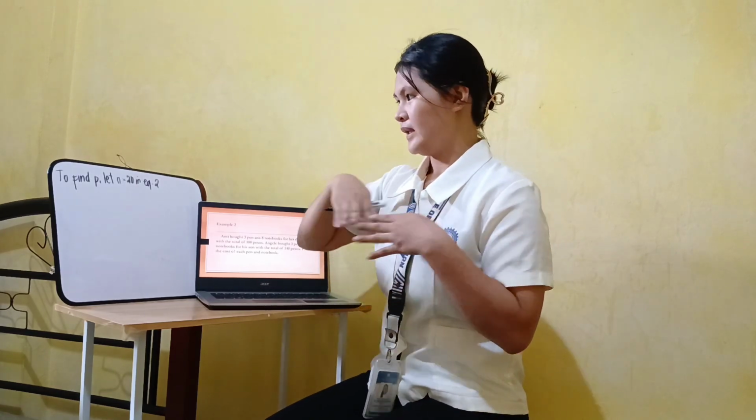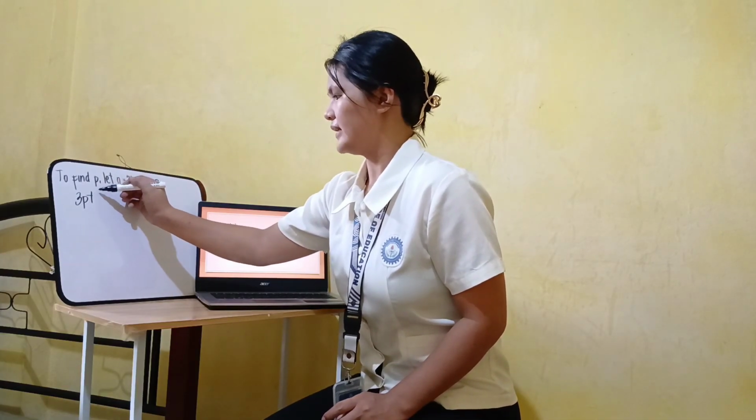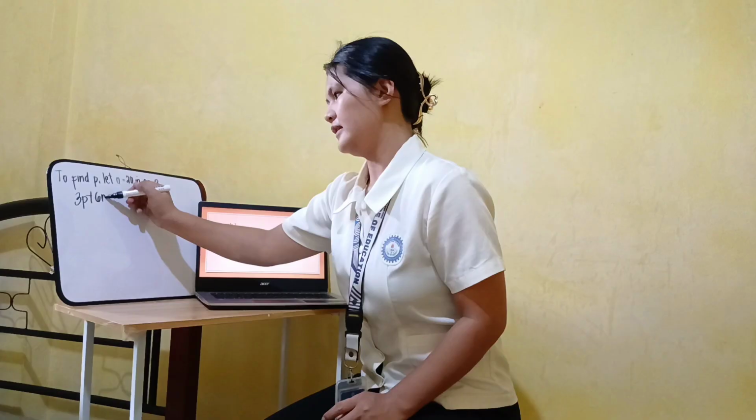Isa-substitute natin yung value ni n sa equation 2. Bakit sa equation 2? Para hindi tayo makakuha ng negative answer. So, equation 2 is 3p plus 6n is equal to 140.